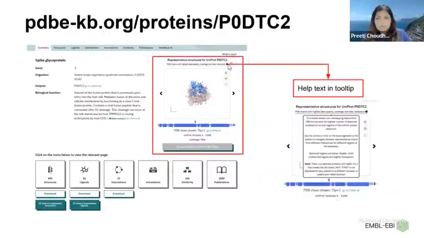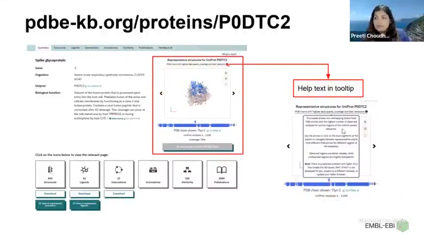Also, to know more about the details, how to navigate and go to other regions of the sequence, and how we select our representative chain, you can find this information in the help text in the tooltip.